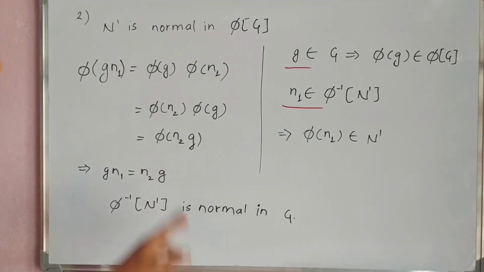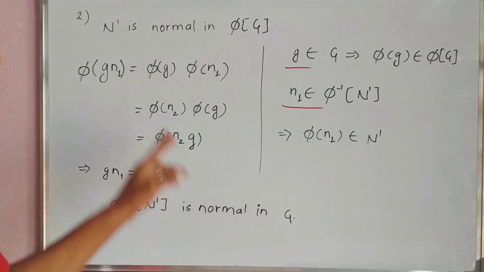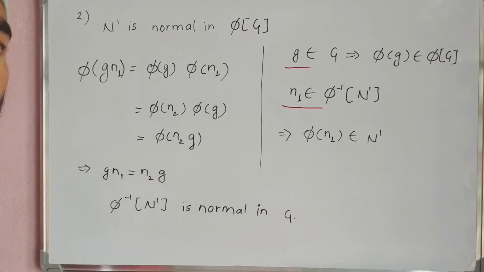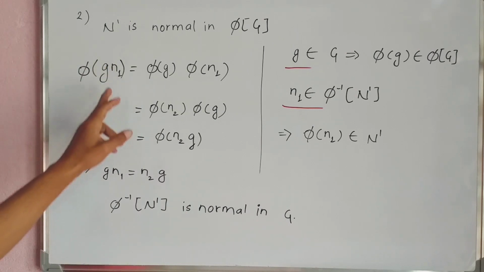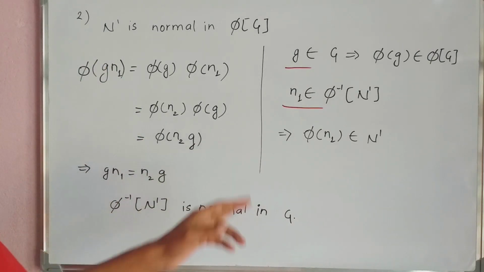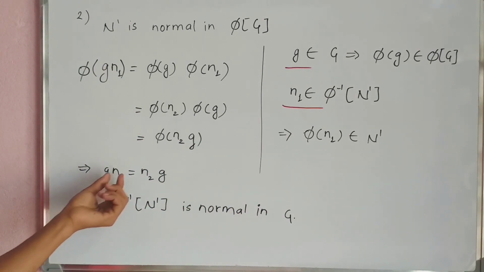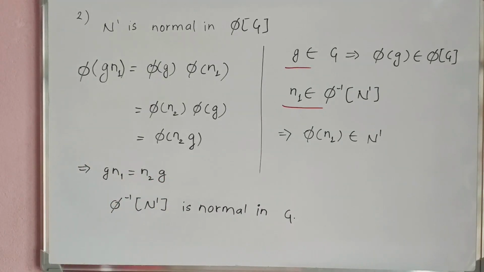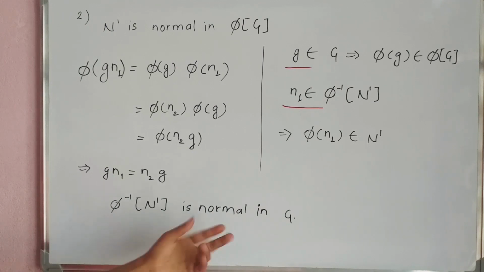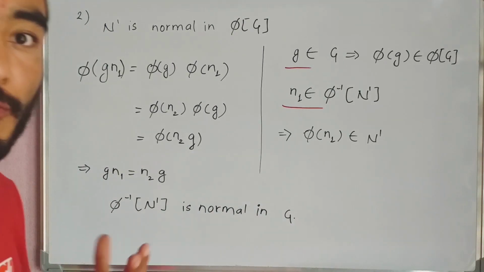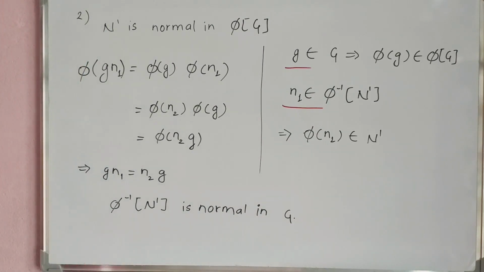So we have phi(g)phi(n1) = phi(n2)phi(g), and that equals phi(n2g) again by the property of homomorphism, and this shows phi(gn1) = phi(n2g), and that implies gn1 = n2g. Then from the definition of normal subgroup, we have phi inverse of N' is normal in G, and the theorem is proved.